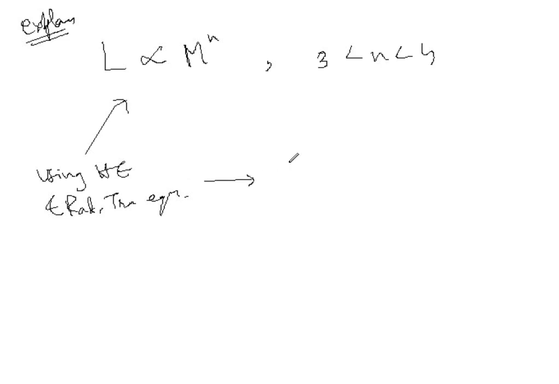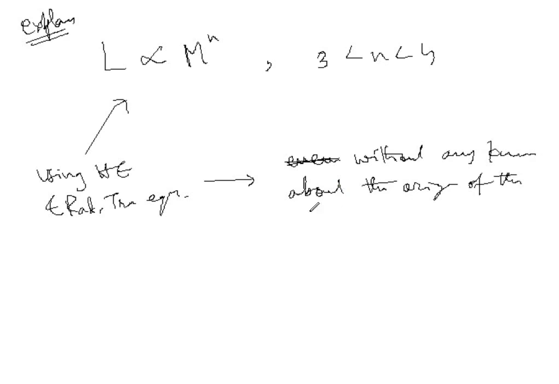The most important point is that this is without any knowledge about the origin of the energy needed to maintain the luminosity L. Now the mere fact that most stars are stable tells us that such a relation must exist. Now the argument goes as follows.